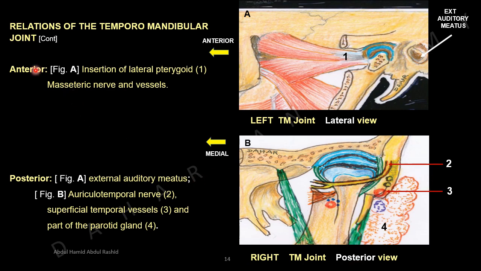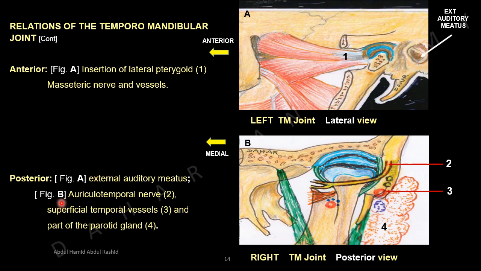Now let's talk about the temporomandibular joint. Anteriorly, you will see the lateral pterygoid muscle comes and inserts there. And posteriorly, if you look very carefully, even in figure A, you can see the posterior relation is the external auditory meatus.